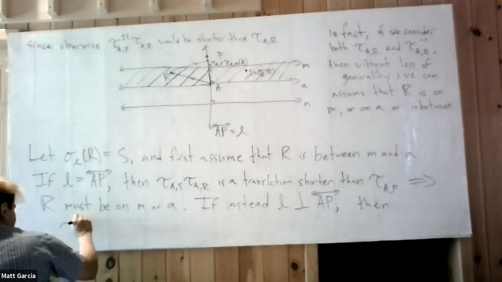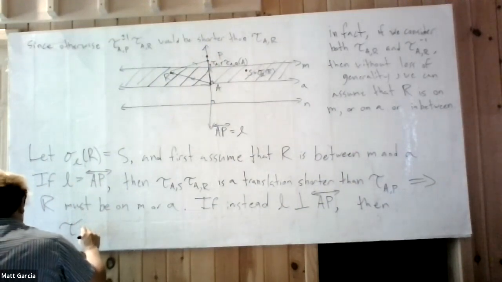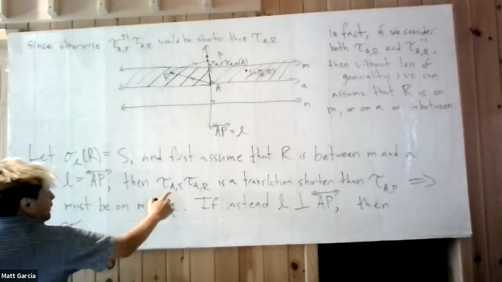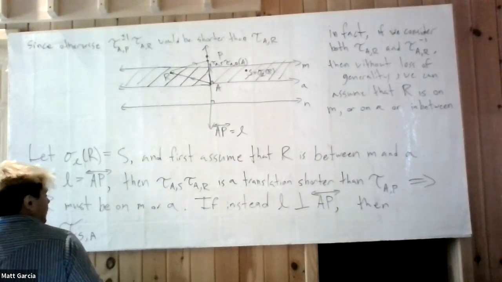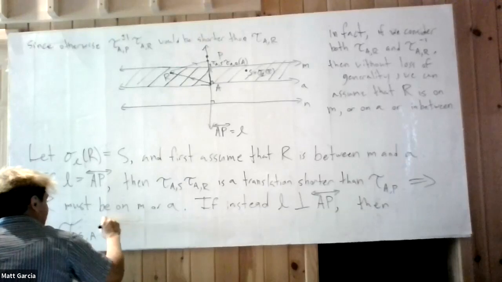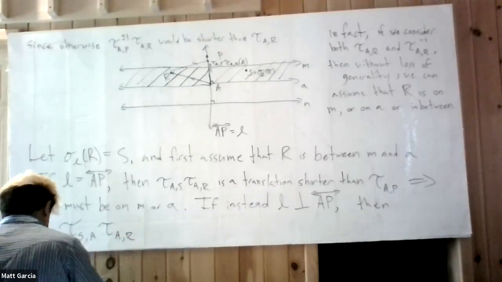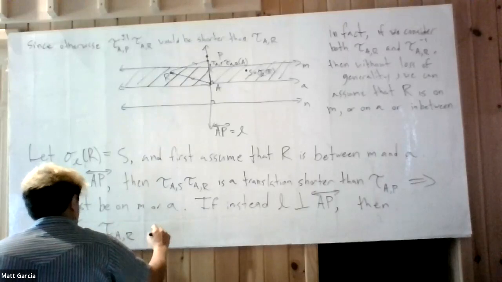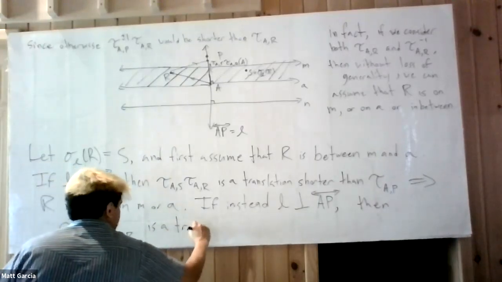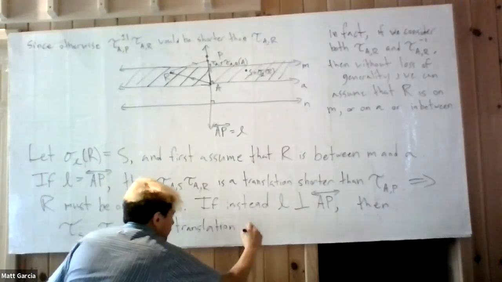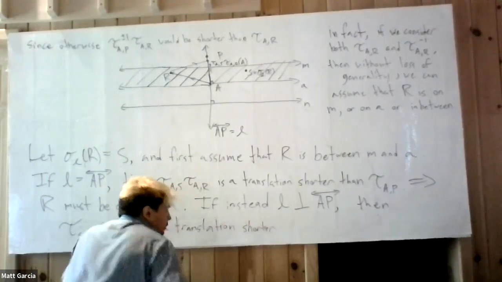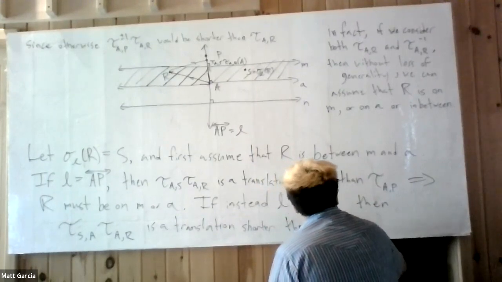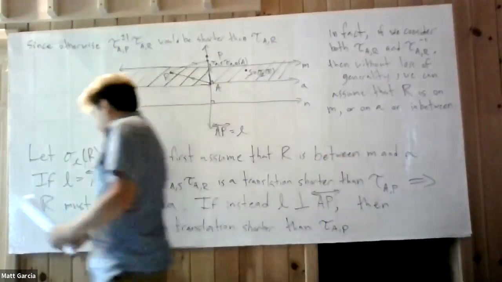That is to say, if we consider the translation from S to A, i.e. the inverse of tau sub A comma S times tau sub A comma R, then this is a translation shorter than the translation from A to P. Okay?